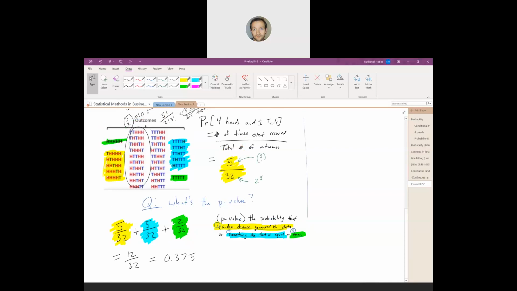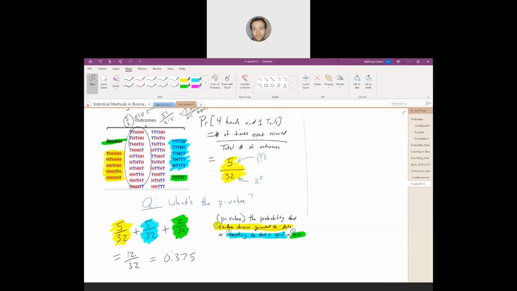Any questions about how this number was calculated here? I'll get to in a moment how to interpret this number.